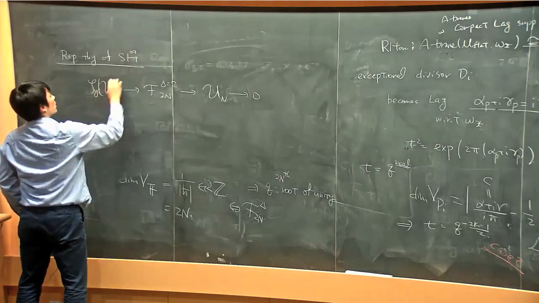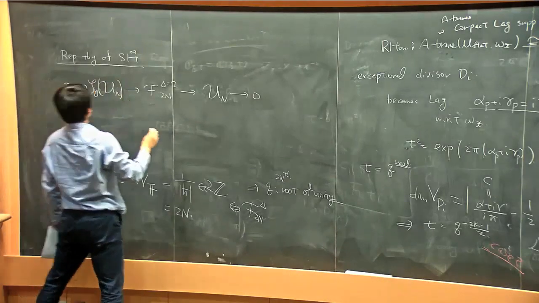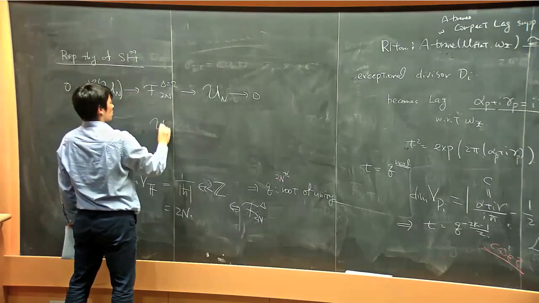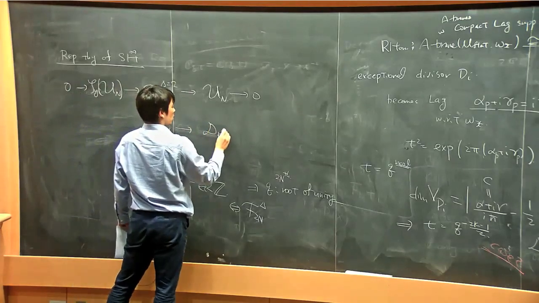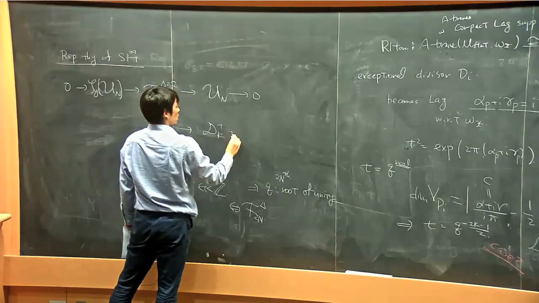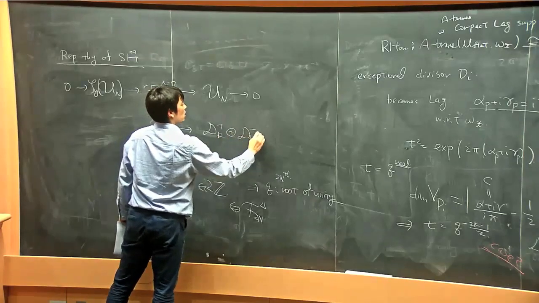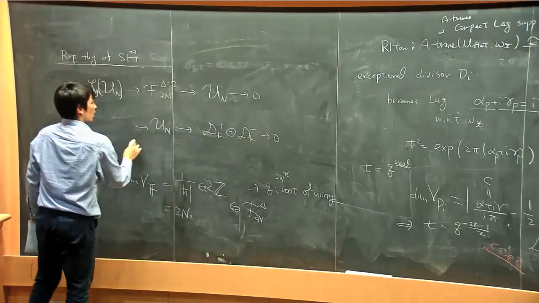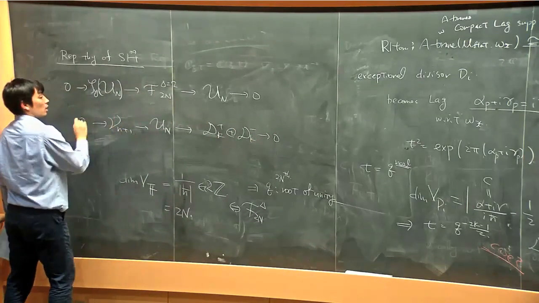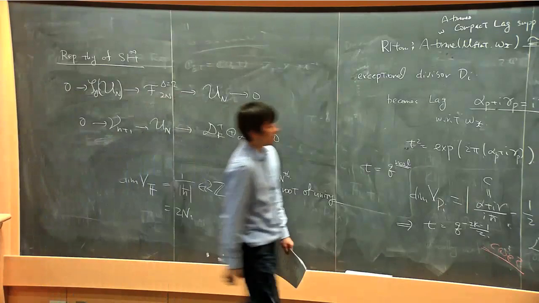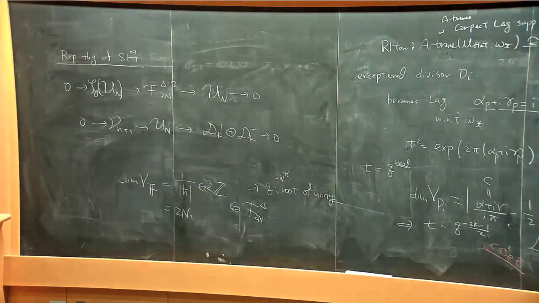So what we have seen is this short exact sequence, and also we have seen this short exact sequence dk plus dk minus goes to 0. And here you have a Fehling algebra n plus 1.